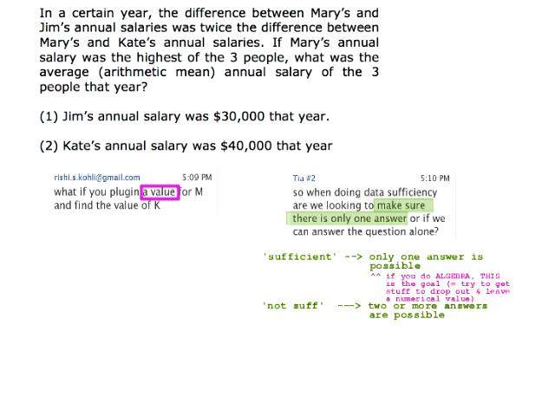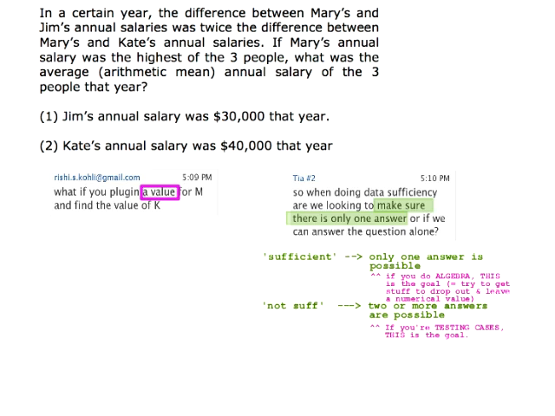On the other hand, if you're testing cases, that's not the goal anymore. If you're going to plug in numbers and see what happens, you can't plug in numbers and try to make something not happen. So if you test cases, this is the goal: you see whether you can get two things to happen.